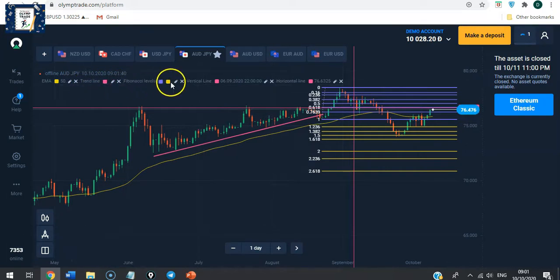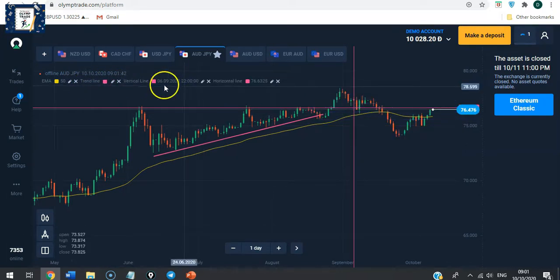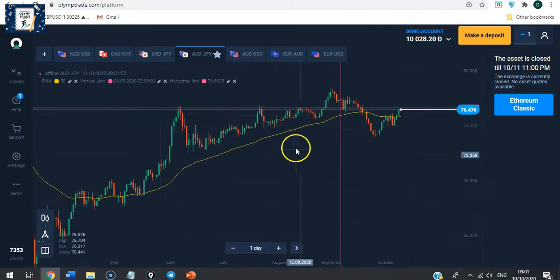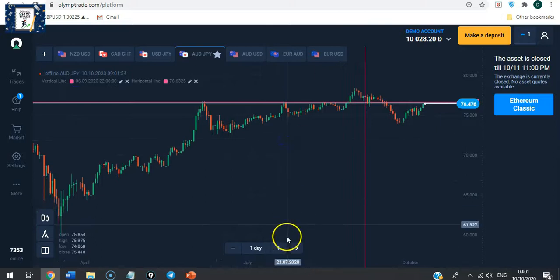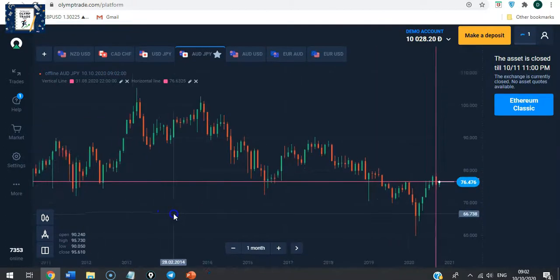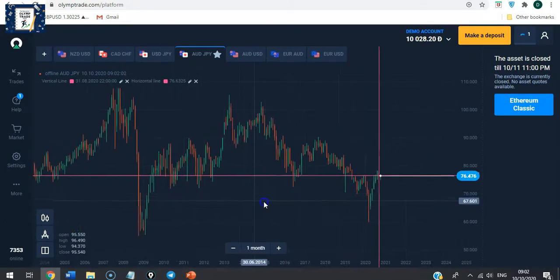So let's just delete some of this. We can see that where this crossover point is, that was where our trade was. Just remove the EMA as well, and let's go into the monthly and see if we can get a bigger picture idea of what's actually happening.